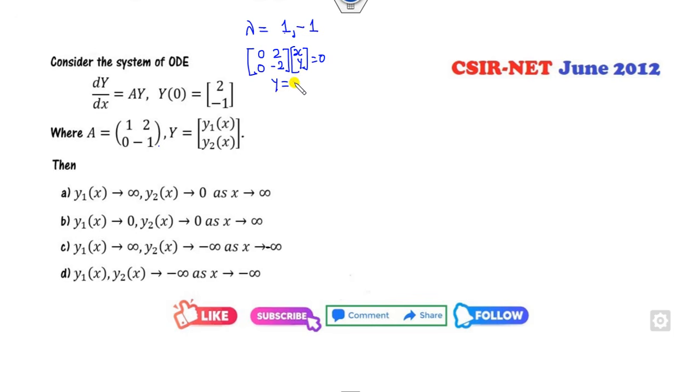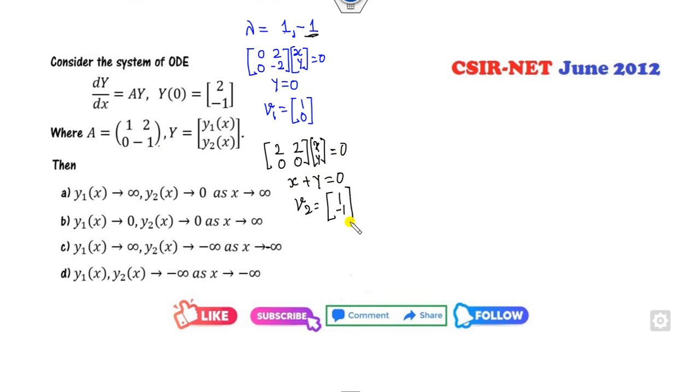So that means y is equal to 0, and the first eigenvector will be here. Corresponding to the minus 1, it will be 2, 2, 0, 0 into the eigenvector. So that means x plus y will be 0.